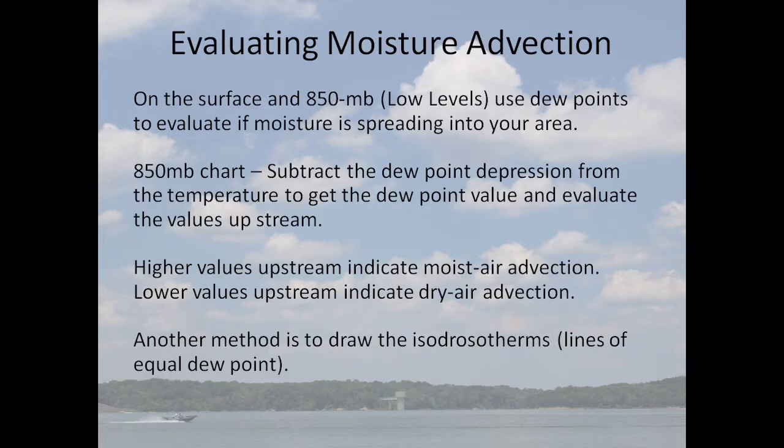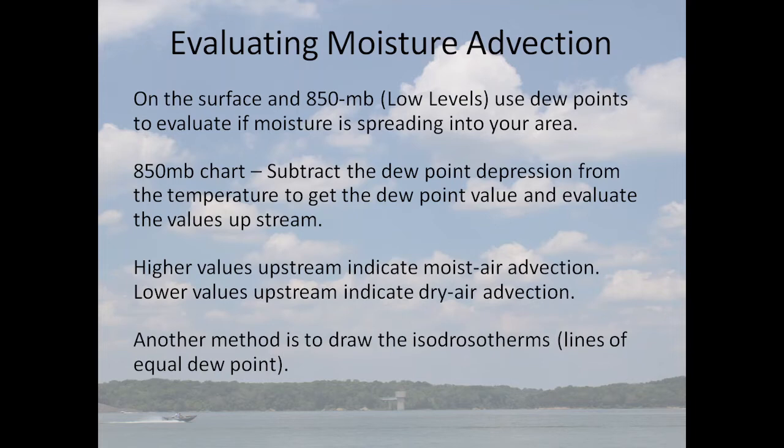So, evaluating the moisture advection on a surface and 850 chart in the low levels, we use the dew points to evaluate if moisture is spreading into the area. On the 850 chart, we subtract the dew point depression from the temperature and get the dew point value and evaluate the values upstream.